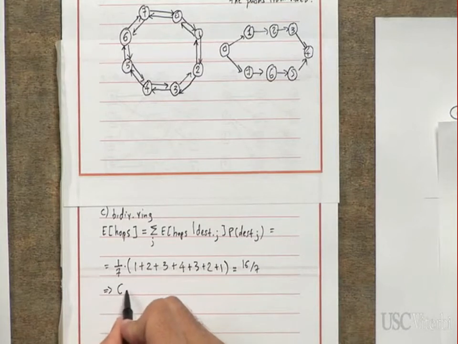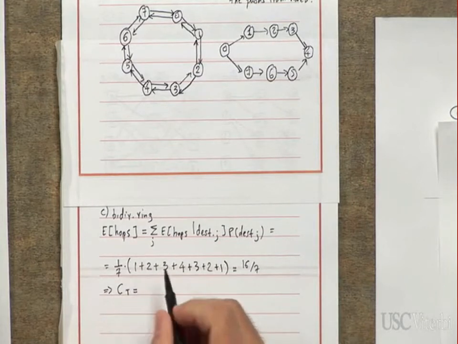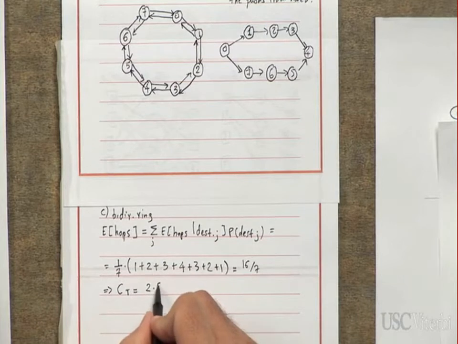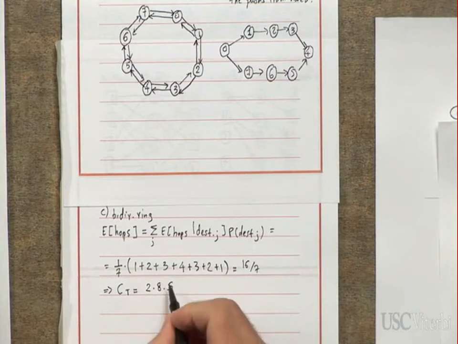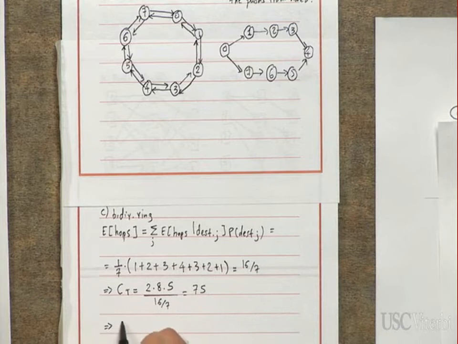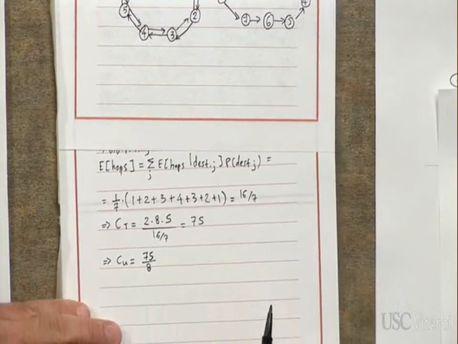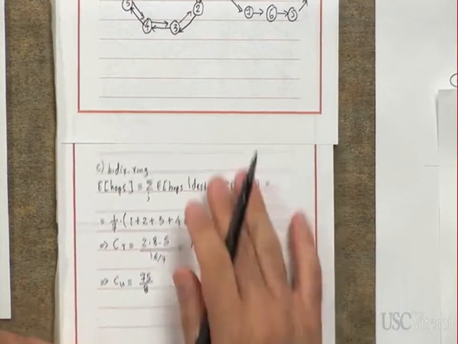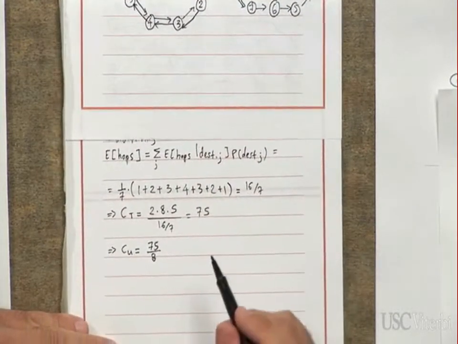This means that in this particular case, total capacity is equal to 2 times 8 times S over 16/7, and this gives 7S. And also this gives CU, the capacity per user, 7S/8, because we have 8 nodes. Make sense?